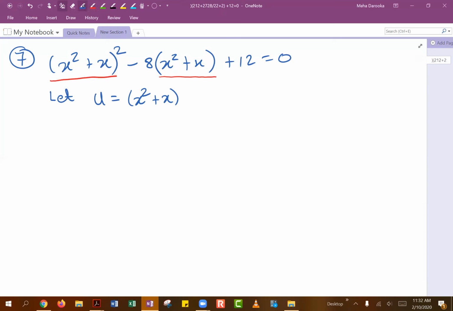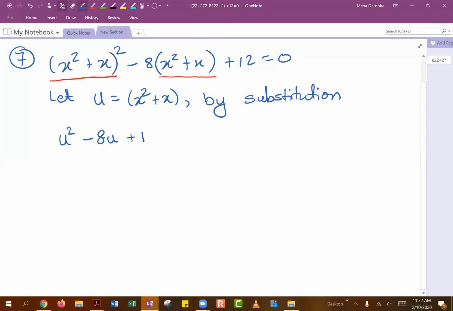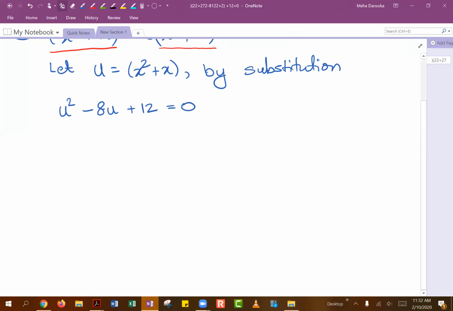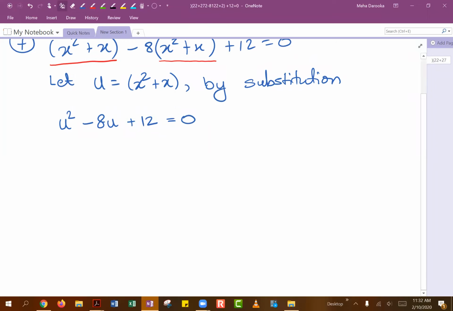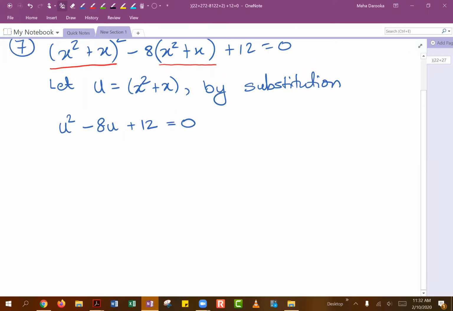So when we do the substitution, the x squared plus x, the whole quantity squared, will now become u squared minus 8, again replacing that x squared plus x with u, plus 12 equals 0. So we have given it the look of a quadratic equation, right? And of course, it looks less complicated than having that whole x squared plus x in there.